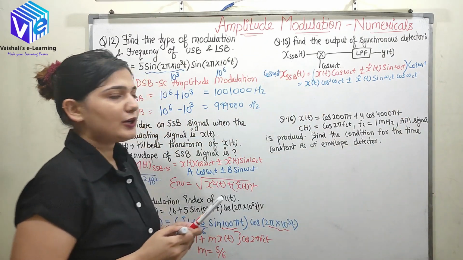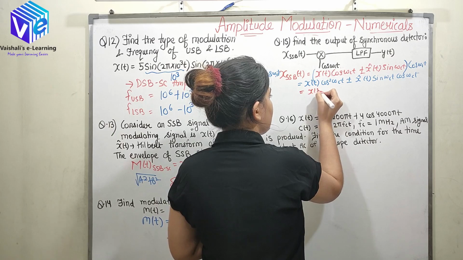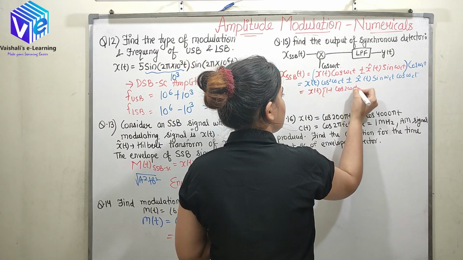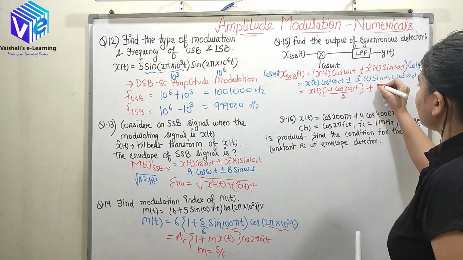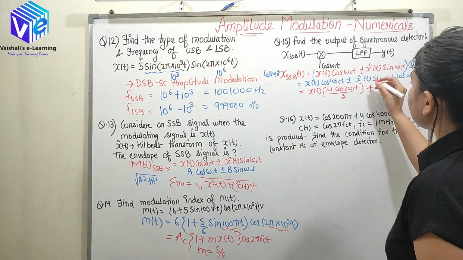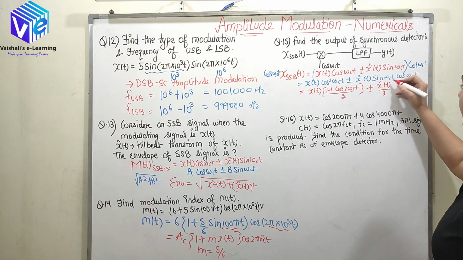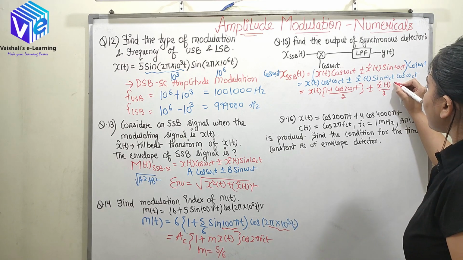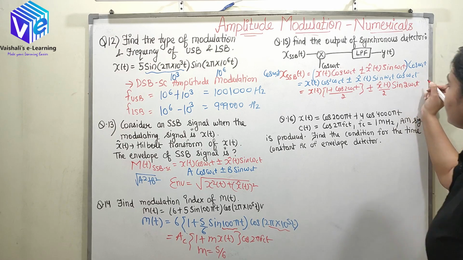Now what is the formula of cos square ωct? Cos square ωct can be represented as (1 plus cos 2ωct) upon 2. Plus minus x cap(t), if I multiply and divide by 2, 2 sin θ cos θ is equal to sin 2θ, so sin 2ωct.